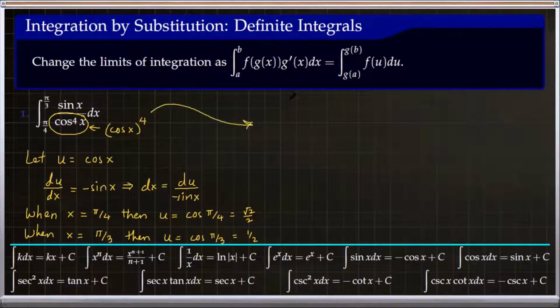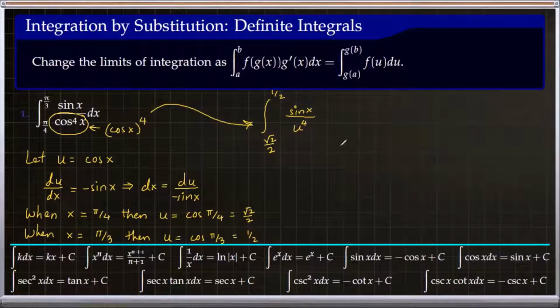So this becomes the integral from, so now our new limits of integration are root 2 by 2 to 1/2. And then we have, I'm going to write sine x as it is, divided by cosine to the 4th of x, which I can write as u to the 4 because we are letting cosine x be u.